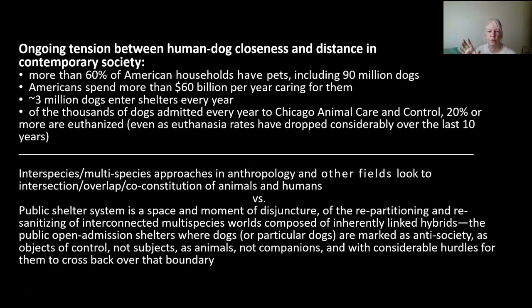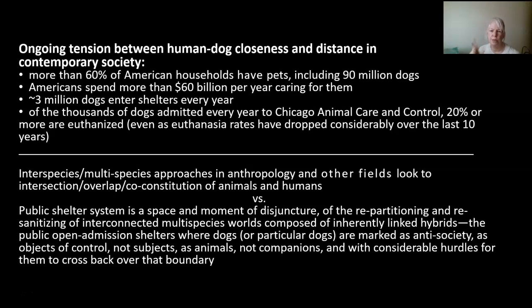That they're clearly connected in all kinds of ways, and yet our categories don't fully capture the nature of that interconnectedness. So what I also want to suggest is that there is an ongoing tension between human and dog, both closeness on one hand and distance on the other hand, in contemporary society.